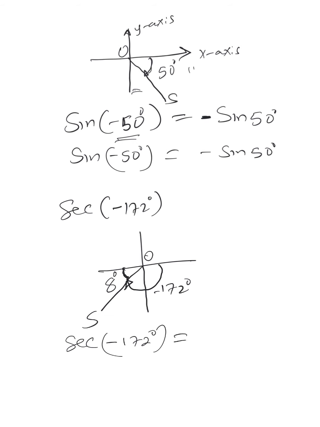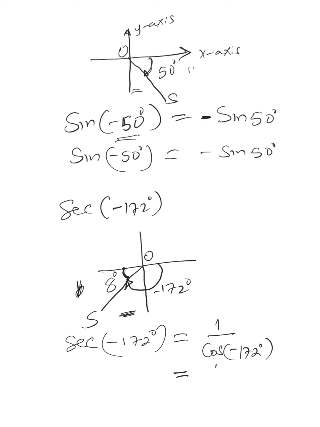Now the secant of minus 172 degrees. First of all, take this in terms of a reciprocal. Sec is 1 over cosine. This is the cosine of minus 172 degrees. We discover that this angle is lying in the third quadrant. This is the point when we are changing from the angle given to the acute angle.